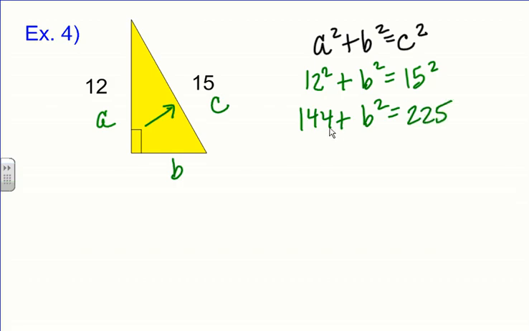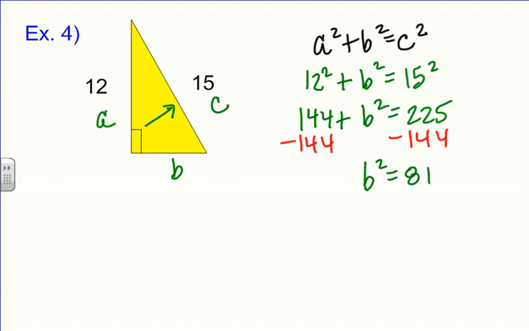Again, in order to get this B squared alone, we're saying 144 plus something gives us 225. We know that we need to find out what that something is, so we're going to subtract 144 from both sides. Once we do that, we find out that B squared is equal to 81.